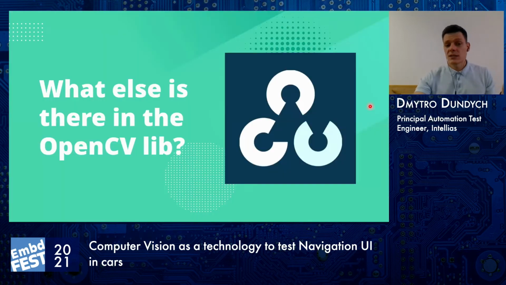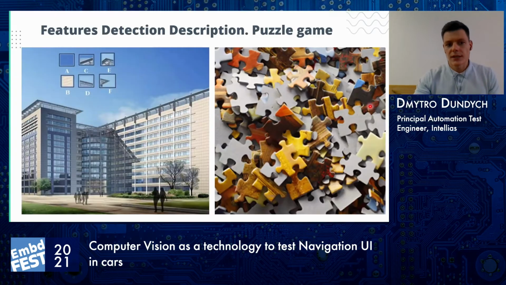So what else is in the OpenCV library? There are a lot of things, but one of the most interesting parts is feature detection and description. To understand that, we need to remind ourselves how we play a puzzle game.